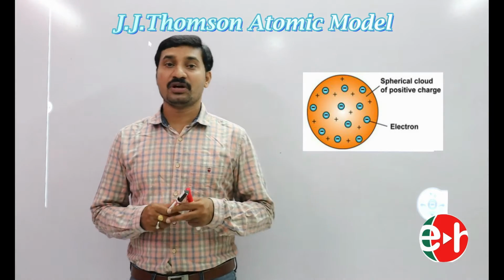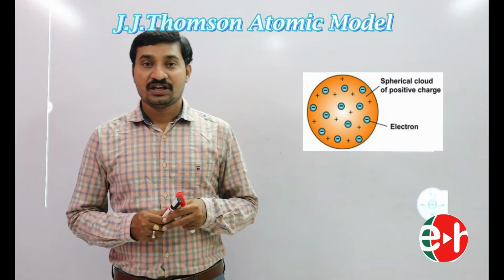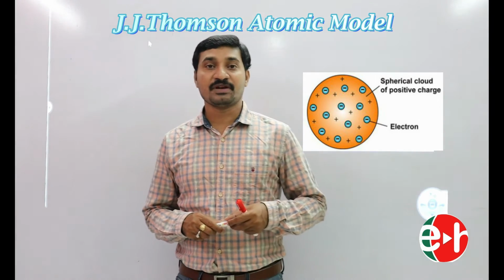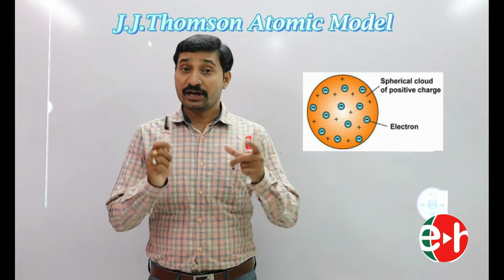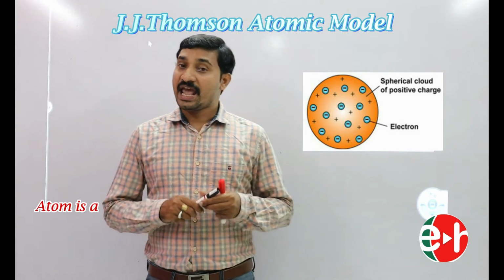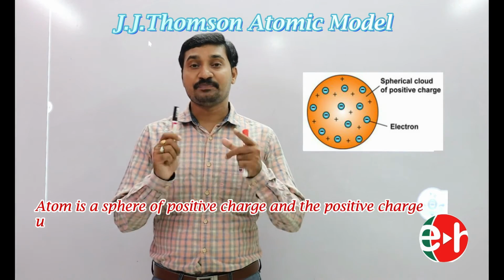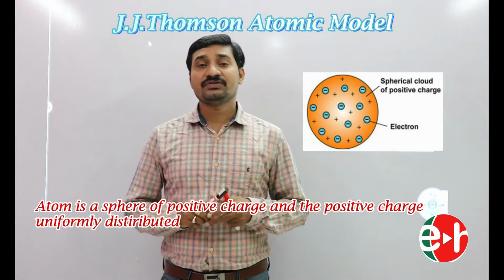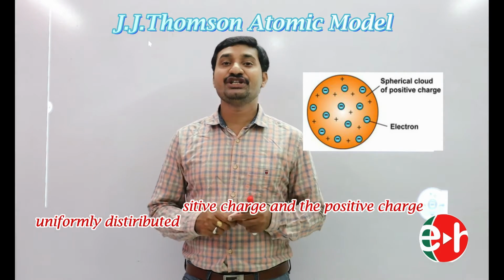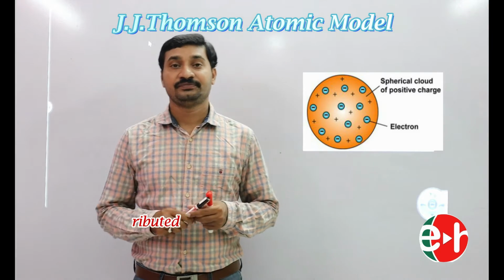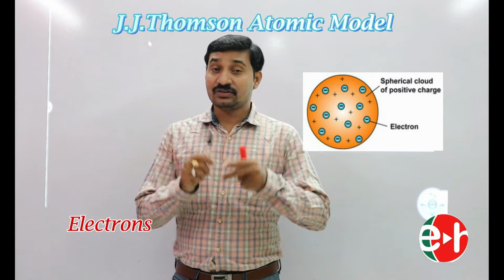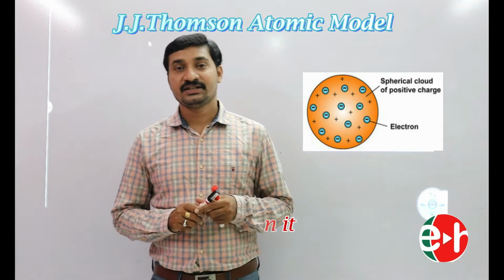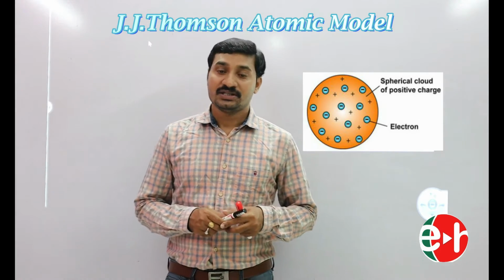The first atomic model was introduced by J.J. Thomson. Let us discuss the J.J. Thomson atomic model. According to J.J. Thomson, an atom is a sphere of positive charge, and the positive charge is uniformly distributed throughout the atom, and the electrons are embedded in it like seeds in a watermelon.